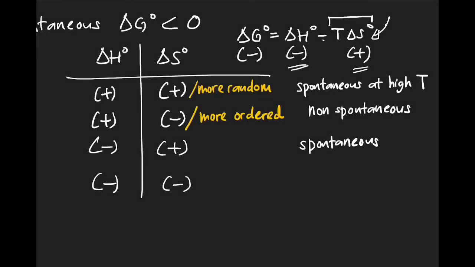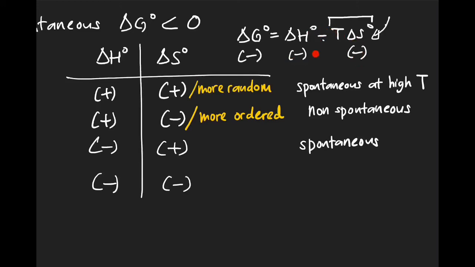Now let's take a look at the final combination, where both delta H and delta S are negative. How do we obtain a negative delta G here? Something that is negative minus something that is negative. Negative multiplied by negative becomes positive.